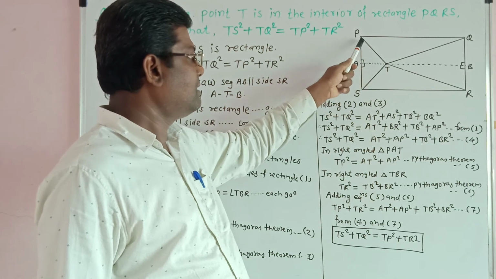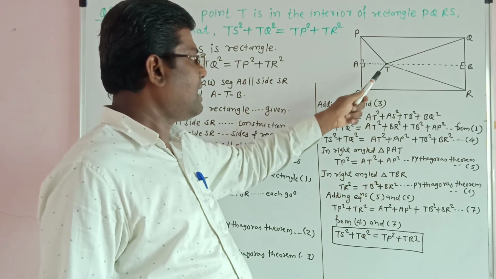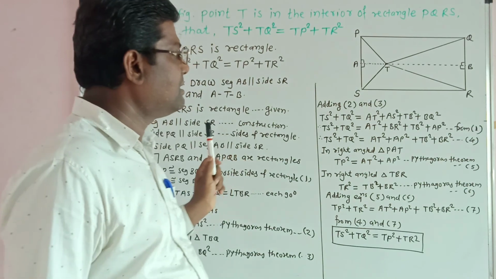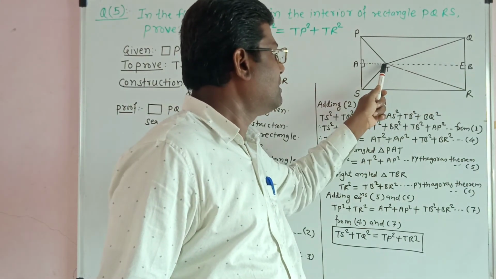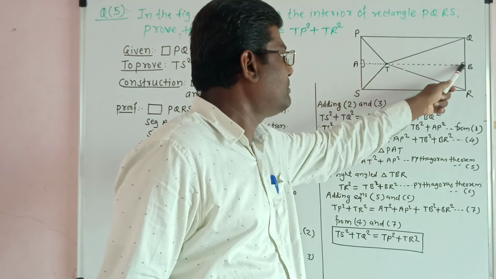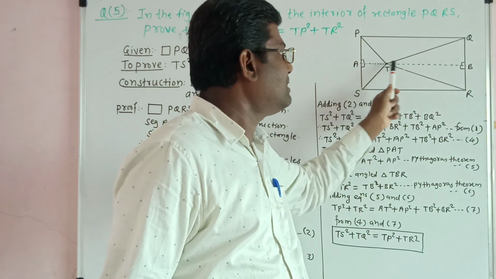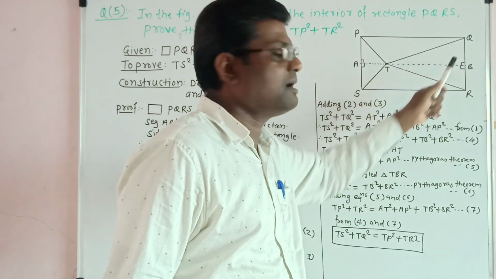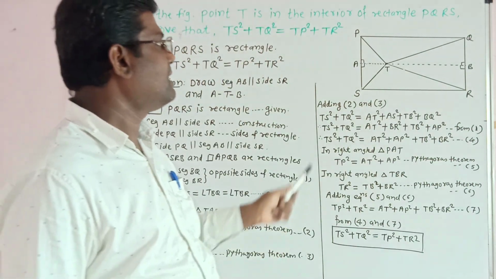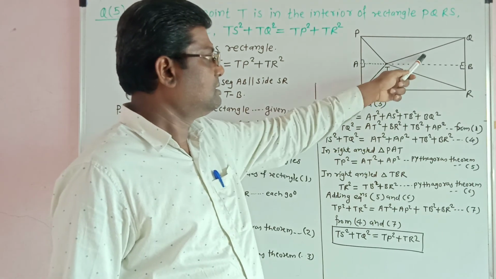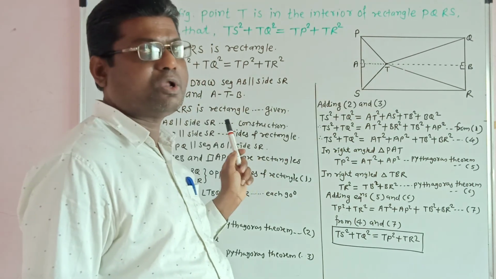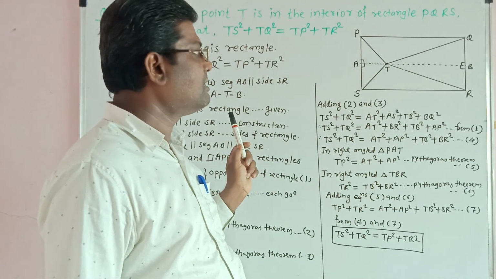That is angle PAT and angle TAS are 90 degree. Therefore, here also angle QBT and angle TBR, these two angles are also 90 degree. Therefore, four triangles are formed, and all four triangles are right angled triangles.